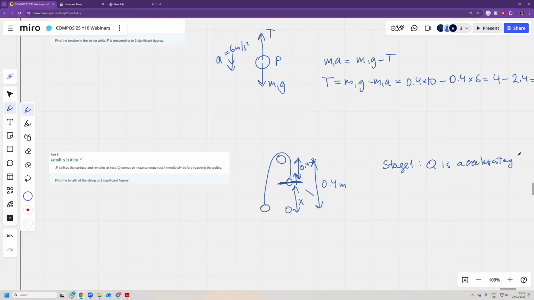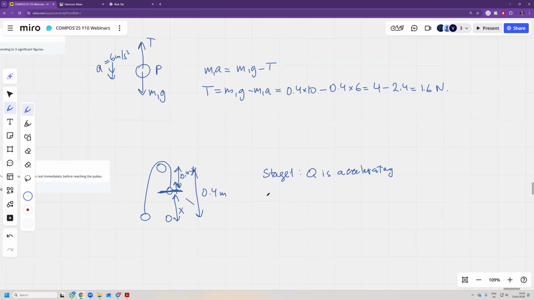And stage two, the rope is slack and Q is decelerating. Right, so you understand what's going on. Q is attached to a rope. So it first is accelerating up, but then P hits the ground and the rope is slack. And then Q is now slowing down because there's nothing pulling it up.